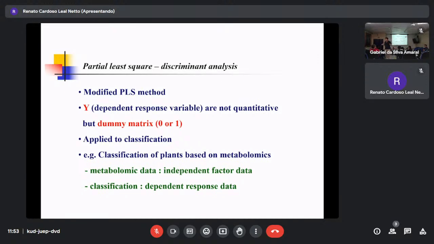Something like this. That is a classification data matrix, right? Then when you correlate this data, activity data comes out, from 0% to 100%.